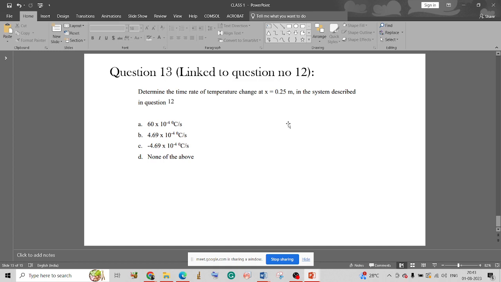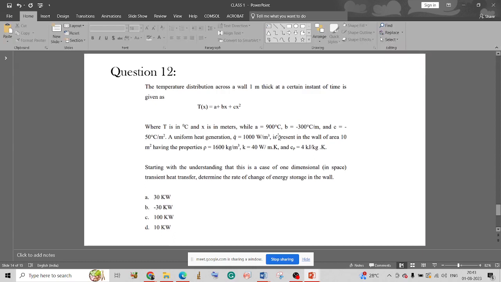This is a very easy question. I'll give you 2 minutes to solve this, and then we'll turn off today's class. I'll keep this page open so that you have all the values here. And we have to find dT/dt at x equal to 0.25 meter.